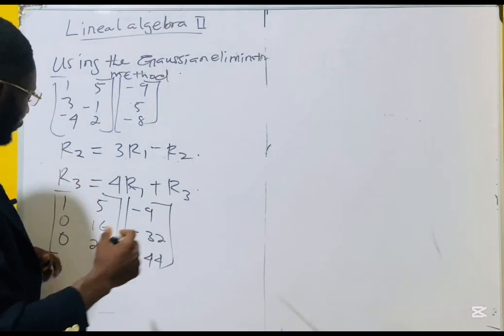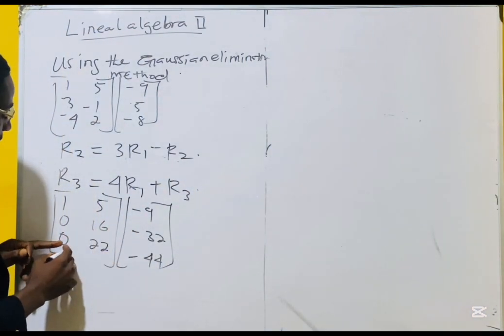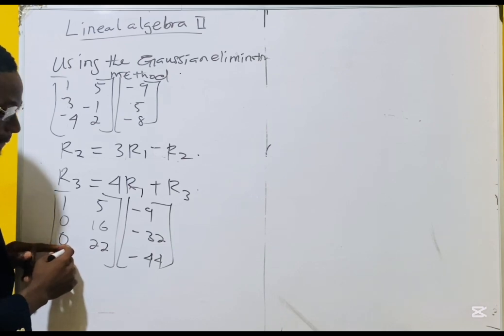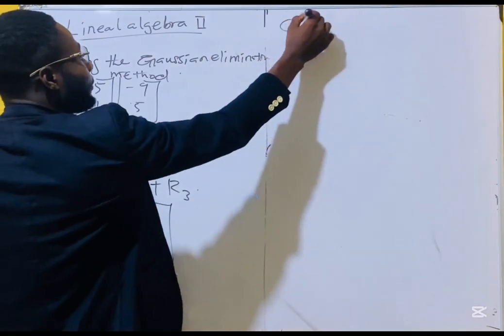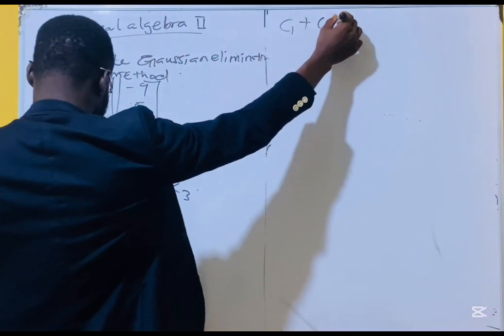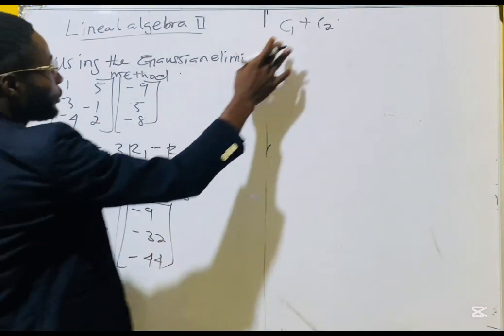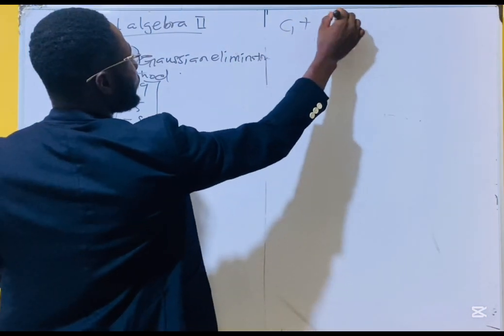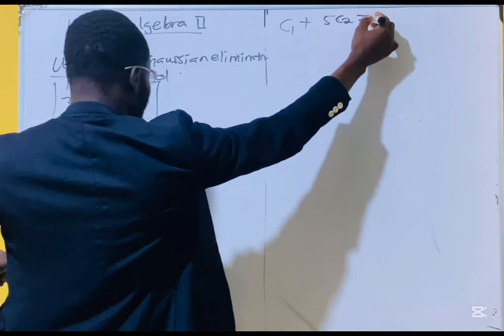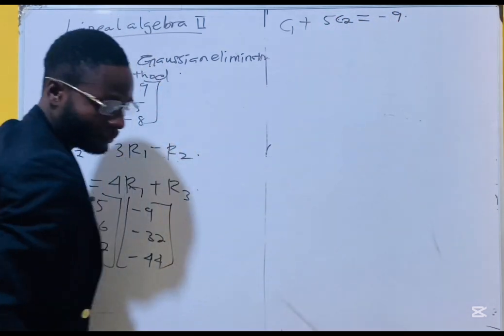Okay, so now that we have this, we can say that C1 plus C2 should be equal to what? C1 plus 5C2 should be equal to what? -9.